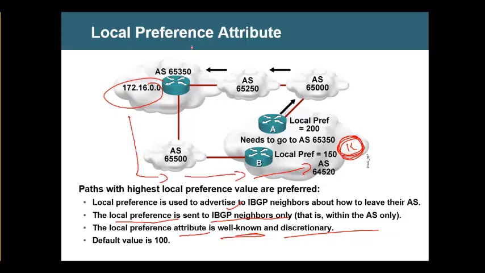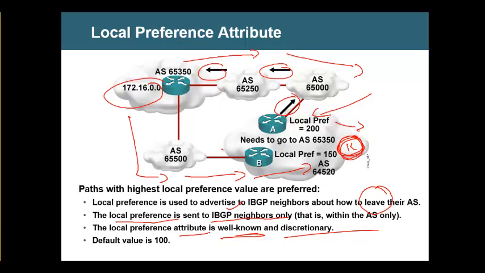It will also be learning the network from A. Now K has got two paths to take. But your policy says that you should leave the autonomous system via this direction, which this black arrow mark shows. That's how the packet should go.